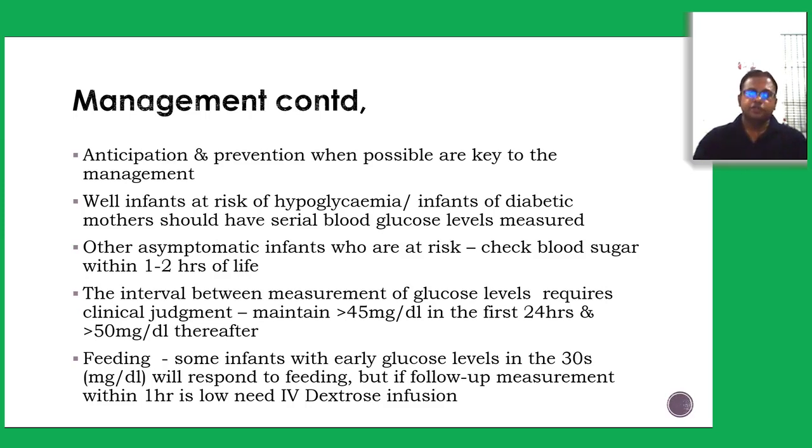So anticipation and prevention when possible are the key to management, and for that matter for any condition in children. So for a well infant at risk of hypoglycemia, such as infants of diabetic mothers, serial blood glucose levels should be measured. What we usually do is check the pre-feed sugar level in these babies, that is after a good feed, prior to the next feed.